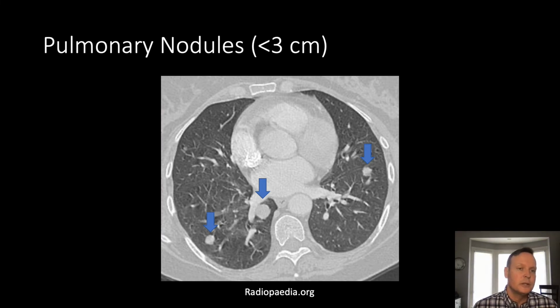But in general, the nodules that you'll see in metastatic disease are hematogenous. There is a differential to pulmonary nodules, so you will be considering other things such as infection, but malignancy should be on your differential for scattered pulmonary nodules.